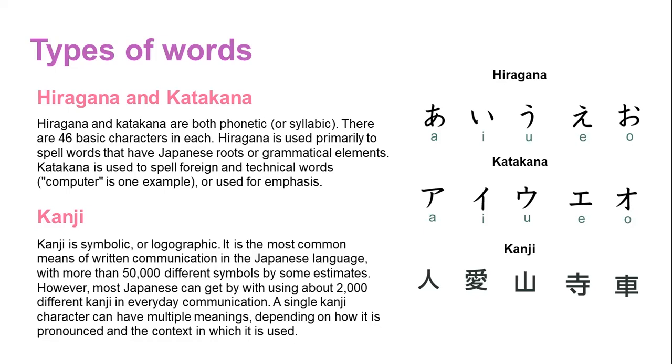A single kanji character can have multiple meanings depending on how it is pronounced and the context in which it is used. As you can see over here, this is kanji. Different from hiragana and katakana, kanji is symbolic or logographic, so it has different meanings.